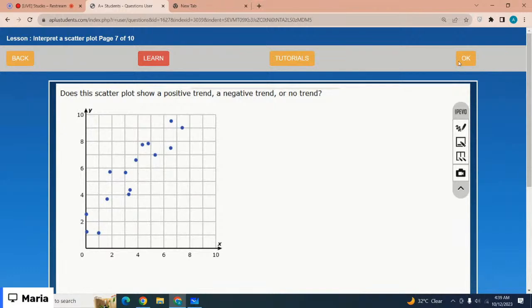Does this scatter plot show a positive trend, a negative trend, or no trend? The graph shows the positive trend. The correct option is positive.